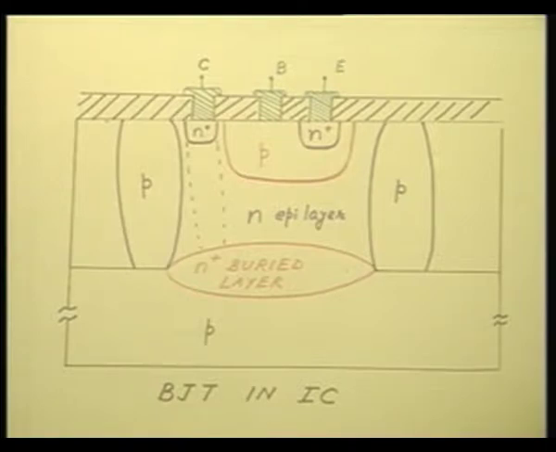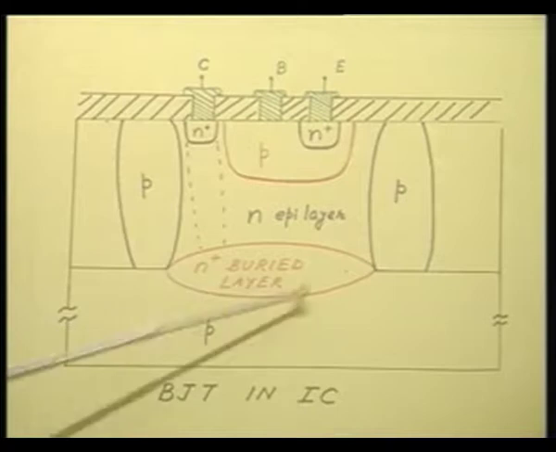So, 111 substrate used to be much cheaper, that is why people started out with a 111 about 10 ohm centimeter substrate. Okay. And then you know the first step was in forming this N plus buried layer.